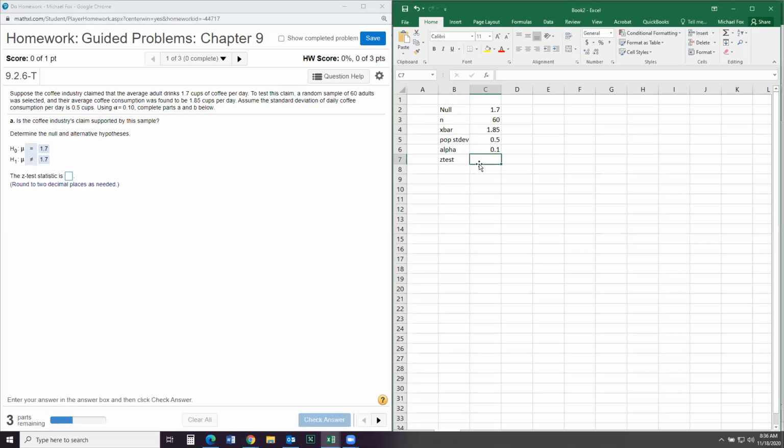So our formula is our x bar minus our null, and then we divide that by the population standard deviation over the square root of n. So there's our z-test statistic. They want us to round it to 2 decimal places.